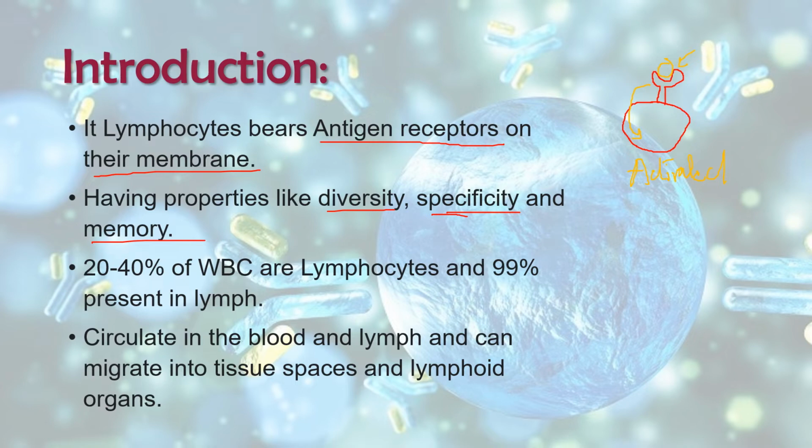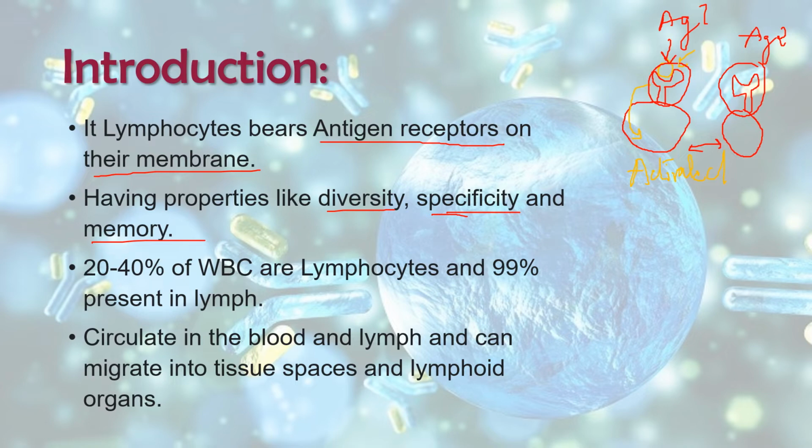Suppose we have two types of B lymphocytes and they are different from each other because they express different types of receptors. This particular receptor is for antigen 1 and this particular receptor is for antigen 2. So they are very particular or specific in their action.